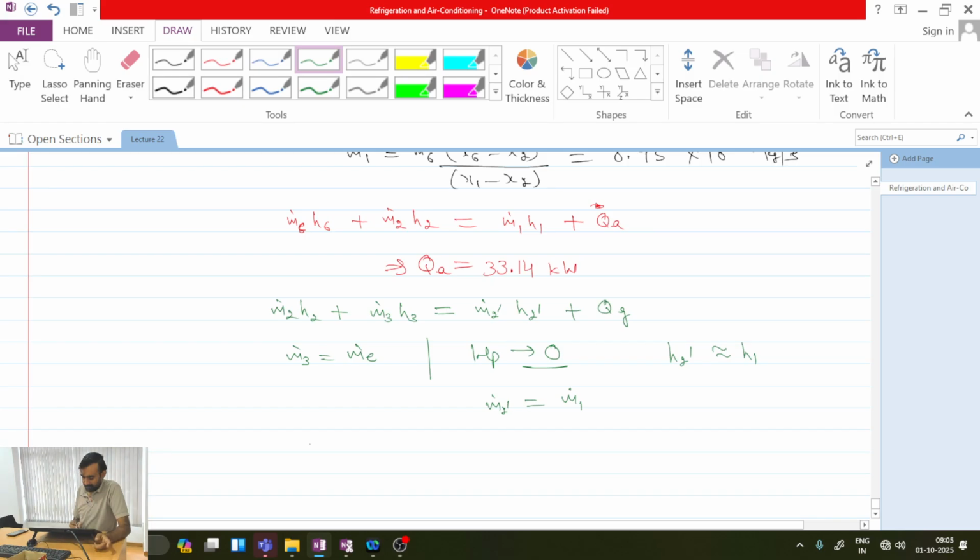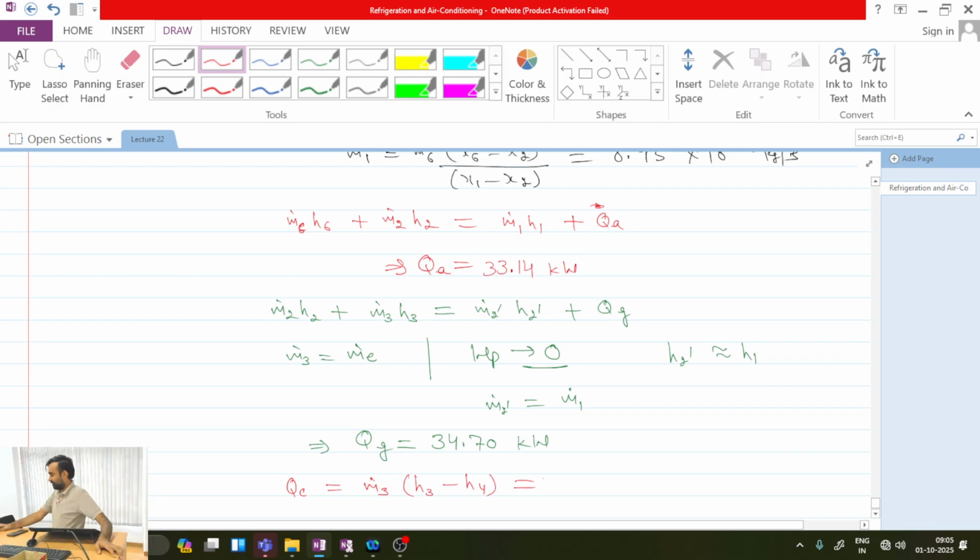Tell me how much is QG? Quickly tell me. 34.7. 34.70 kilowatt. Yes.